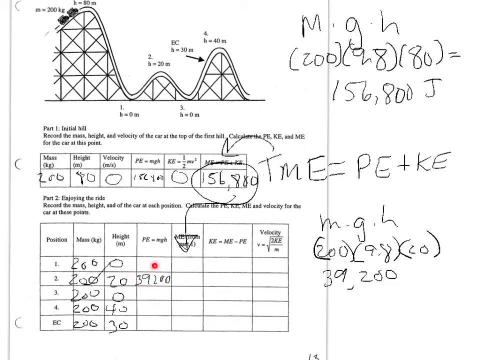So if I know my potential and I know my total, which I do, I can just subtract those two to get my kinetic energy. And when you take 39,200 away from 156,800, this is position 2, you get 117,600.